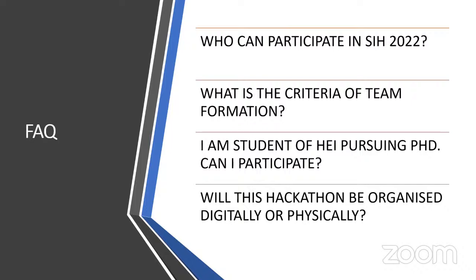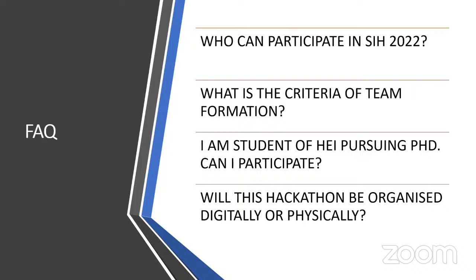What is the criteria of a team? All the team members should be from the same college. They can be interdisciplinary, from different departments, but everyone has to be from the same college. In a team, it is mandatory to have 6 students.